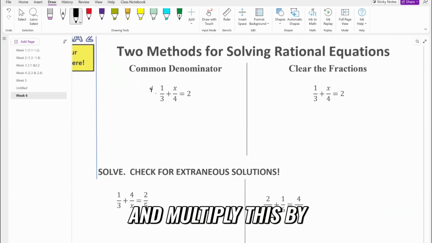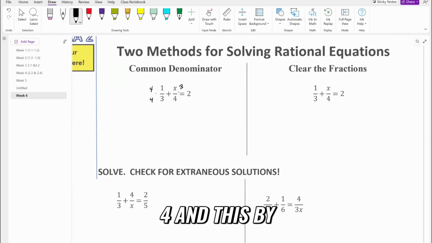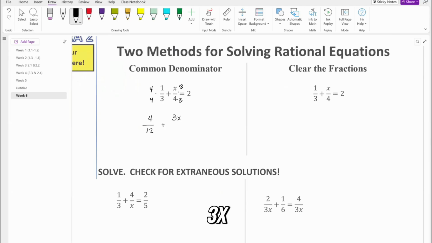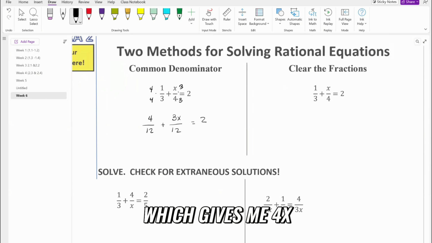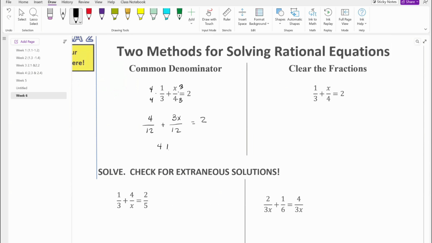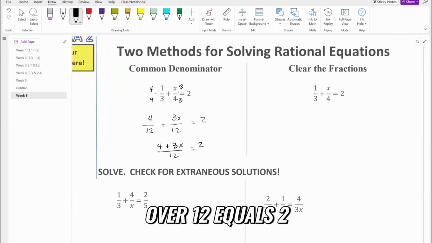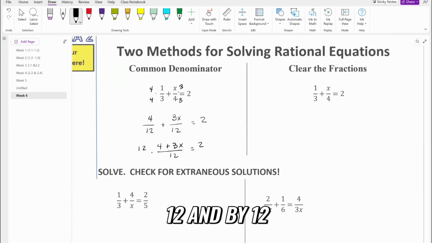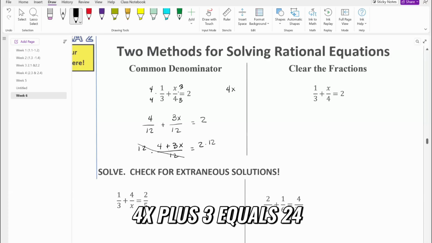Multiply this by 4 and this by 4, and this by 3 and this by 3, and get 4/12 plus 3x over 12 equals 2, which gives me 4 plus 3x over 12 equals 2. Multiply each side by 12 and I get 4 plus 3x equals 24.